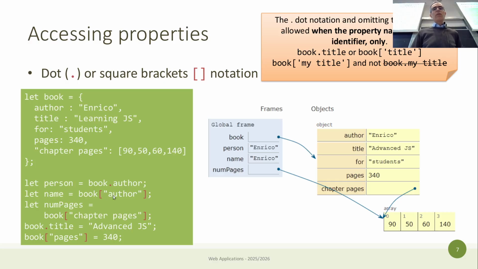Just be careful with the square brackets: you are expected to have a JavaScript expression inside the brackets. So if it's the name of the property, it must be a string, or a variable containing a string that is actually the name of the property. Like here, my title with a space, where of course with this syntax you cannot use the dot, because otherwise the JavaScript parser gets confused.